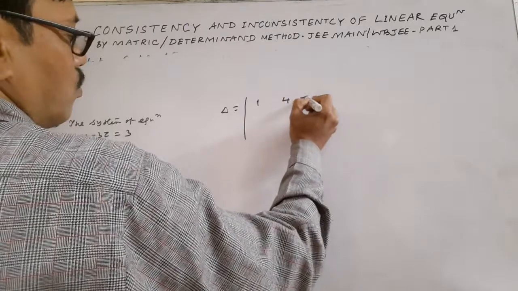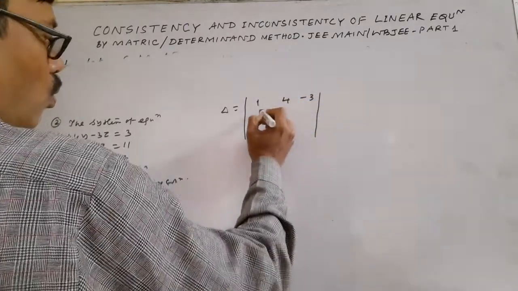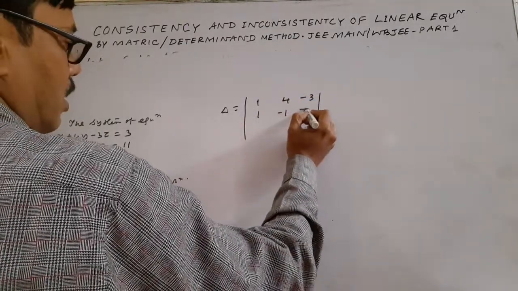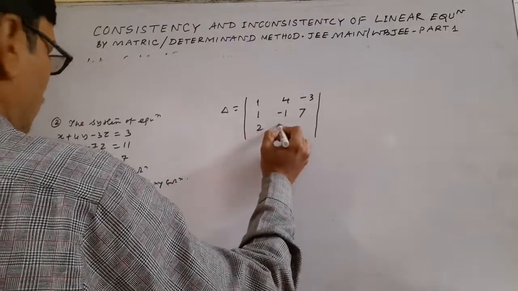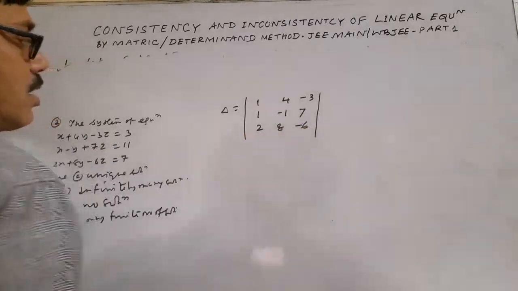Determinant: 1, 4, minus 3; 1, minus 1, 7; 2, 8, minus 6.